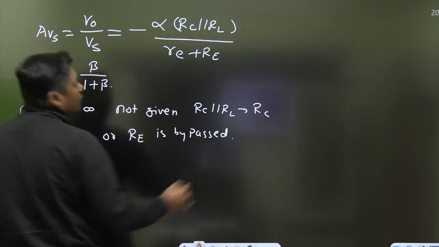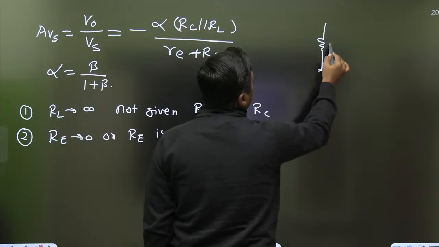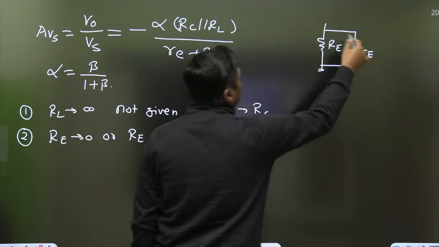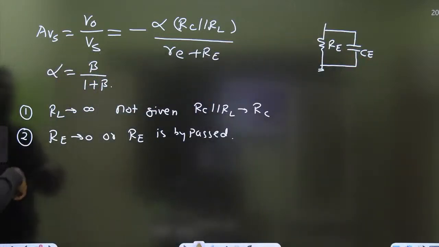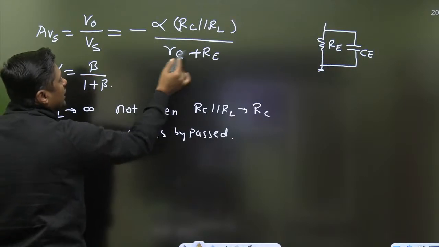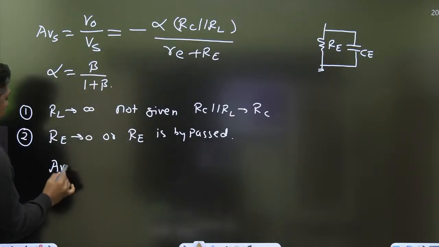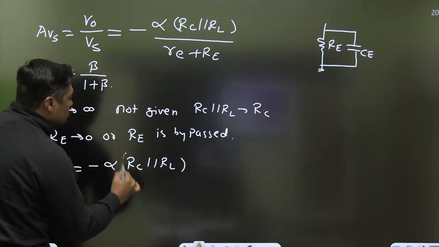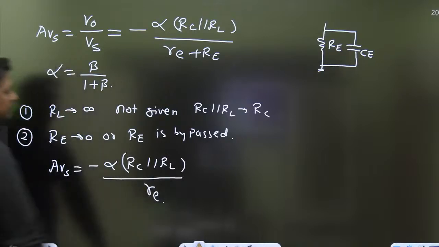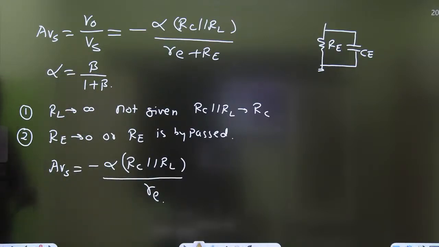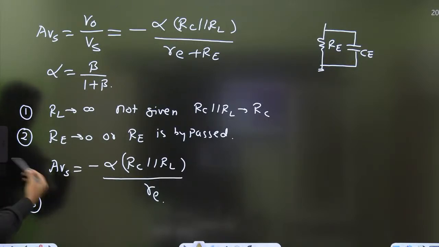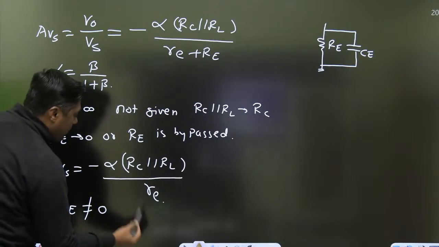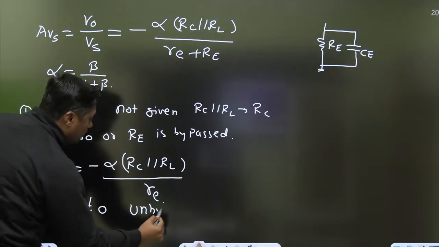Bypassed means a capacitor is connected in parallel to RE, and this capacitor will act as a short circuit, therefore it will short circuit the resistor. In that case, remove capital Re, only small re. So what is the gain here? The gain will become minus alpha RC parallel with RL upon small re. Or if RE is not bypassed, RE is not 0, so what is the approximate answer? RE is not equal to 0, or RE is not bypassed, that is called unbypassed RE.